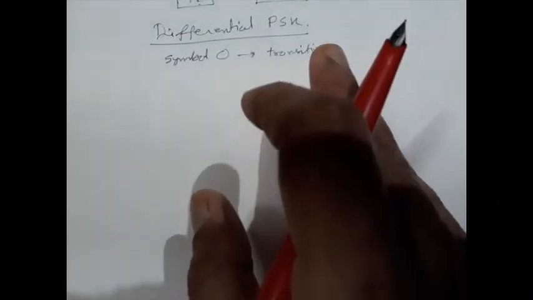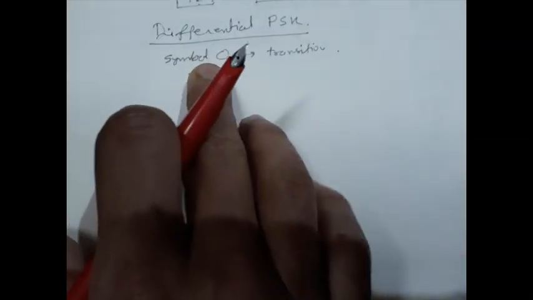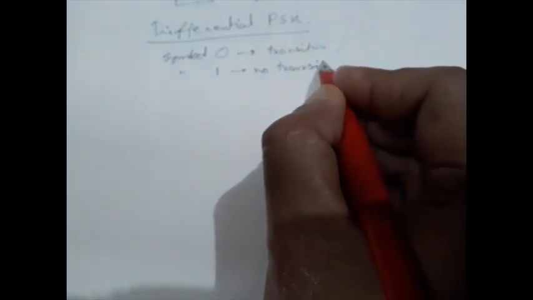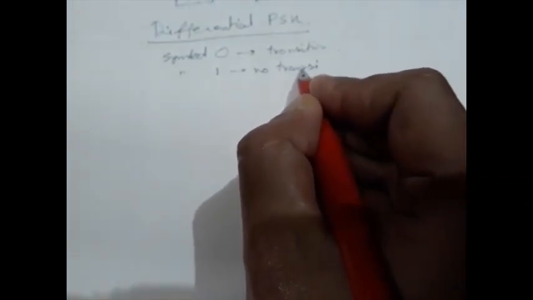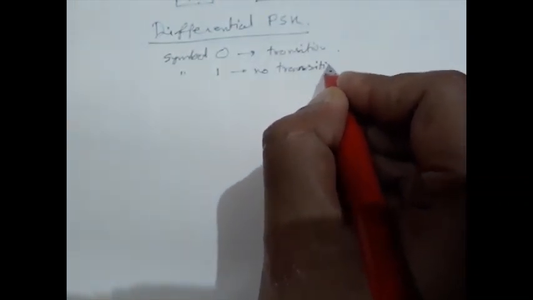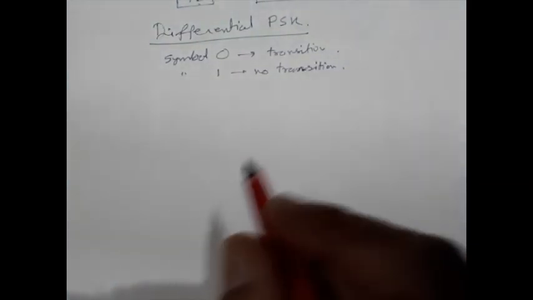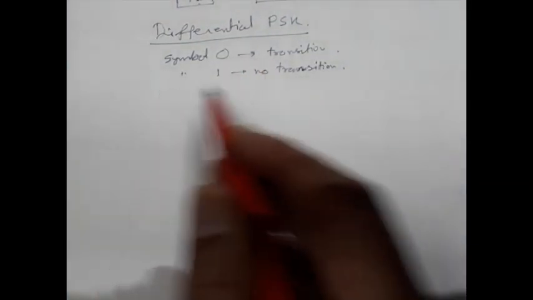That means whenever there is some change from logic 1 to logic 0 or logic 0 to logic 1, we have a transition, and that will be represented by symbol 0, and symbol 1 for no transition. So this may be our logic.